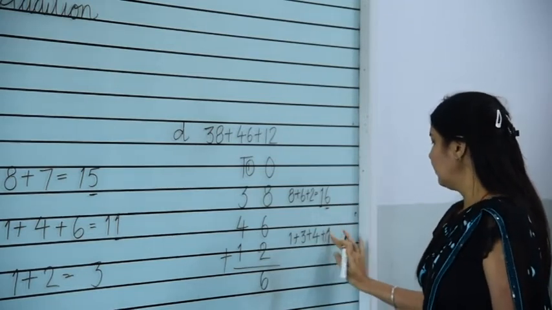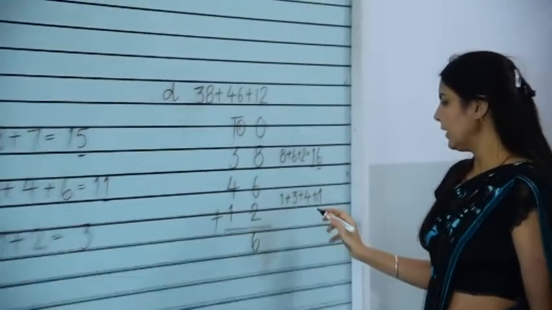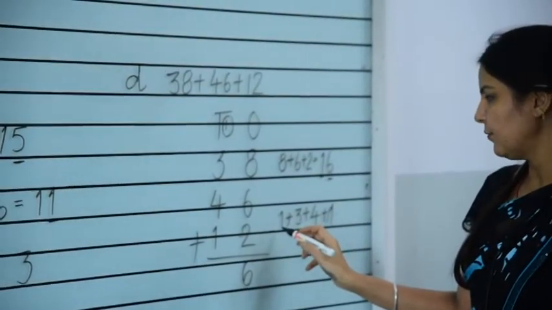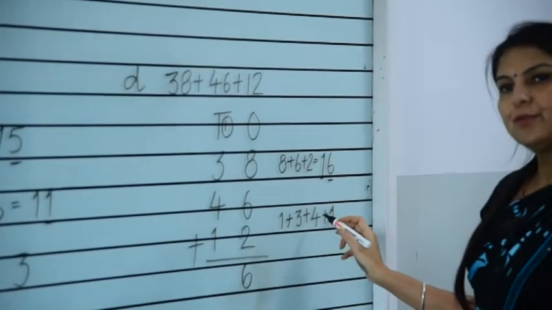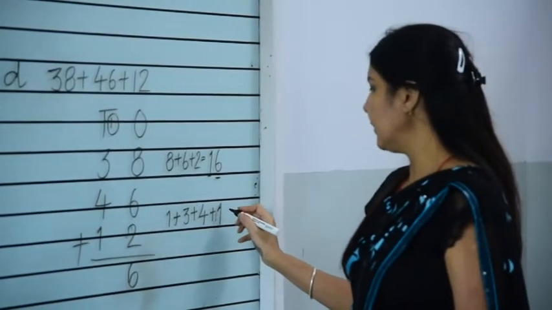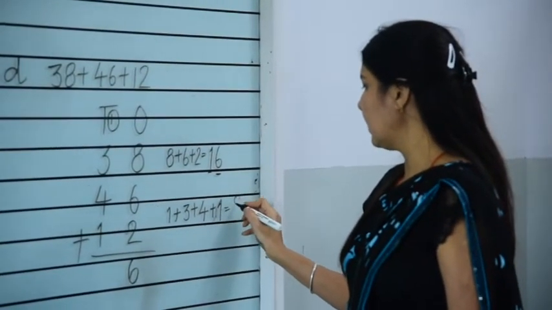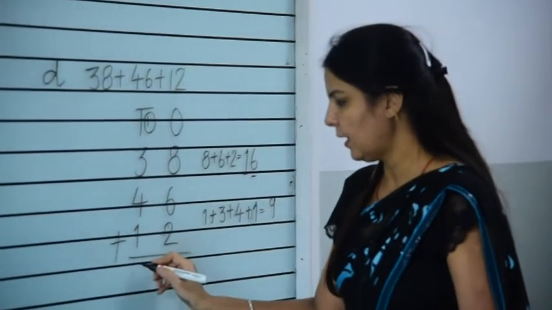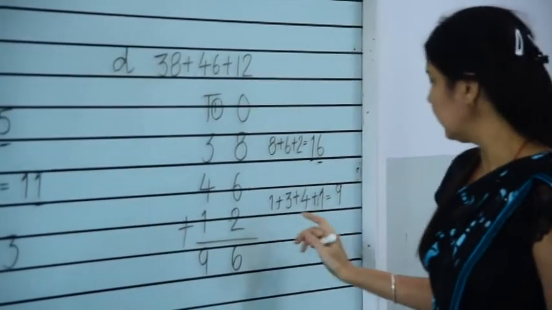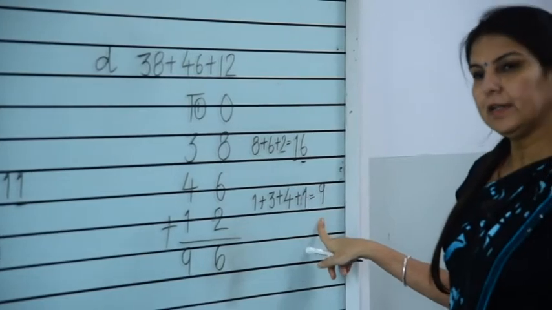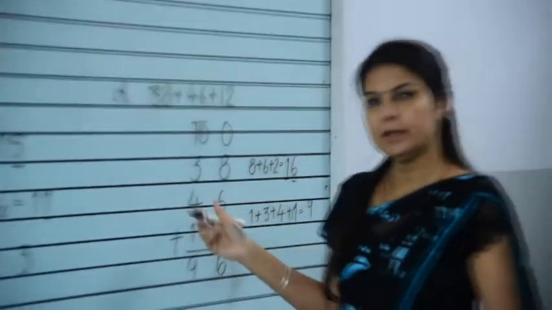Now what will we get? We will get 3 plus 1 is 4, 4 plus 4 is 8 and 8 plus 1 is 9. So we will write 9 as it is because it is only one digit. I hope you have understood.